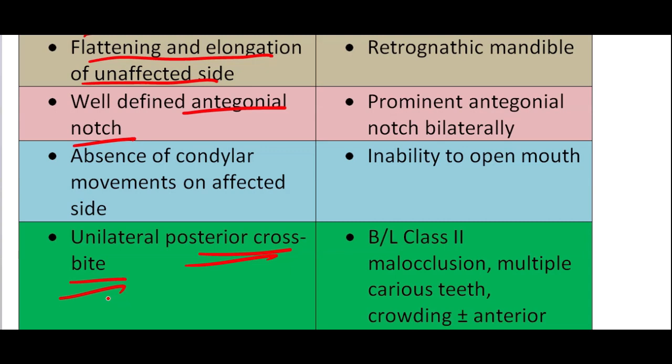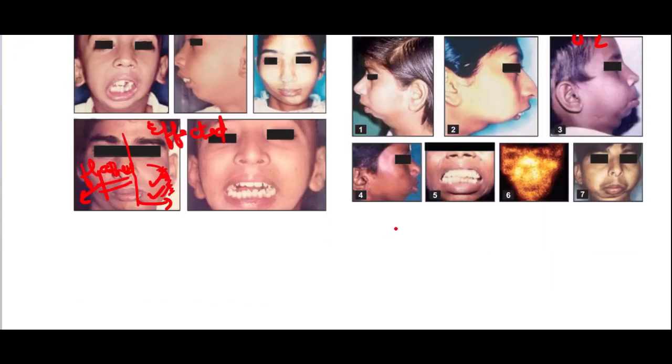There is roundness and fullness on the face on the affected side. The affected side may appear fuller or rounded as compared to the unaffected side, as discussed here, whereas the opposite side is flattened and elongated.